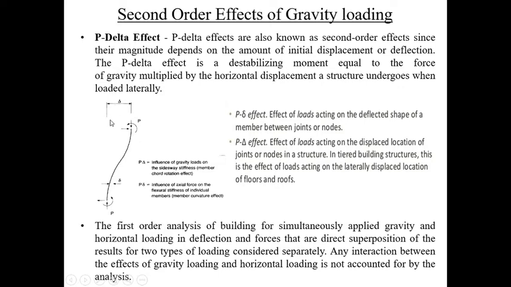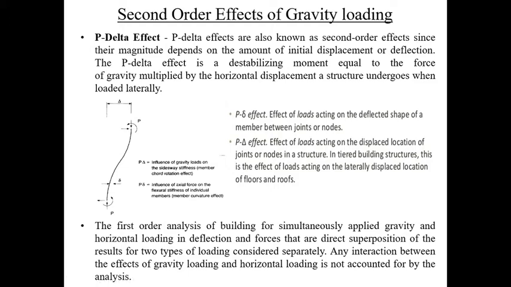When the gravity loading is acting, there will be a certain amount of displacement with this horizontal loading. In certain assumptions, we consider that the smaller values of the displacements are neglected.